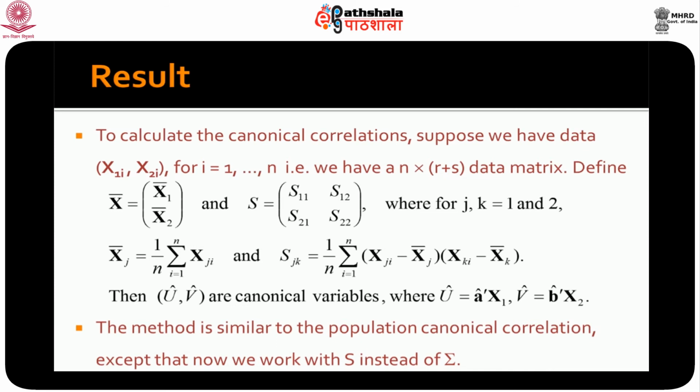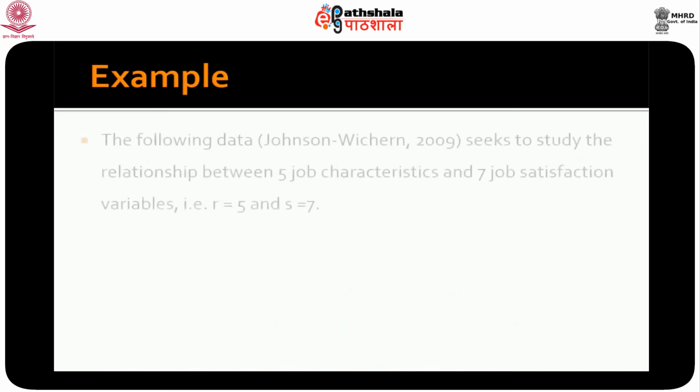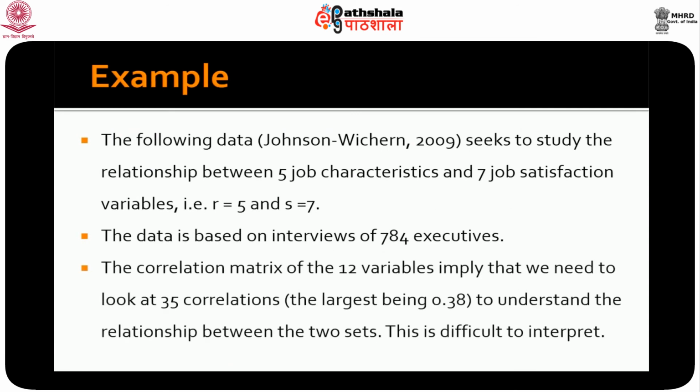So, we will not be discussing it here, only that instead of starting with sigma, we now start with the sample correlation matrix and follow the same technique and get the sample canonical variable combinations and the sample canonical correlations. So, this would be similar to what we do, and hence let us look at an application of this result.